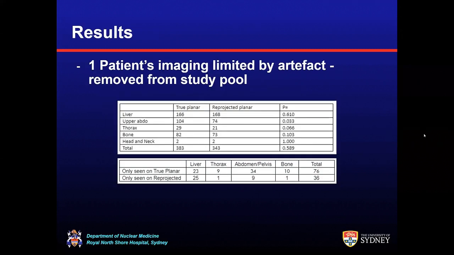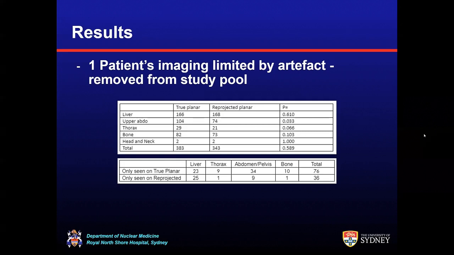Overall, unfortunately, one patient's imaging was limited by significant artifact and therefore was removed from the study pool. Of the 29 remaining patients, 383 lesions were identified on the true planar and 343 lesions on the reprojected. The differences were all statistically insignificant for the liver, the thorax, the bone, and the head and neck.